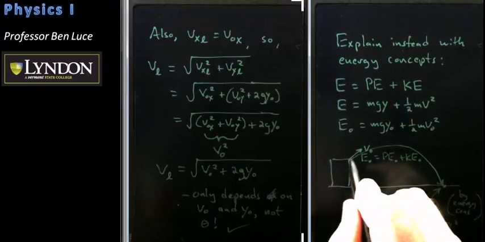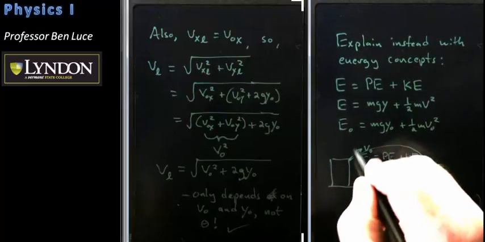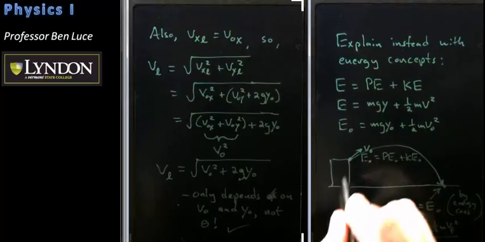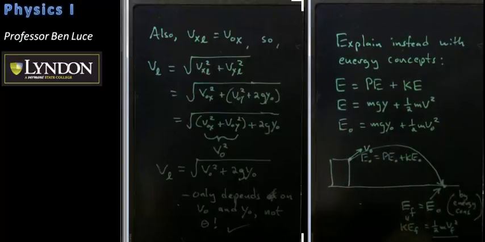And it doesn't matter what angle we launch our projectile at. No matter what we do, the final total energy will be given by this, and that will always be equal to whatever initial total energy we had at the top.